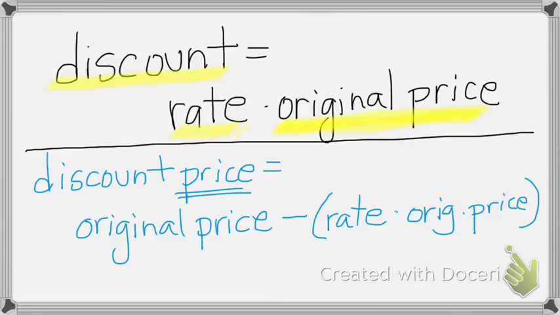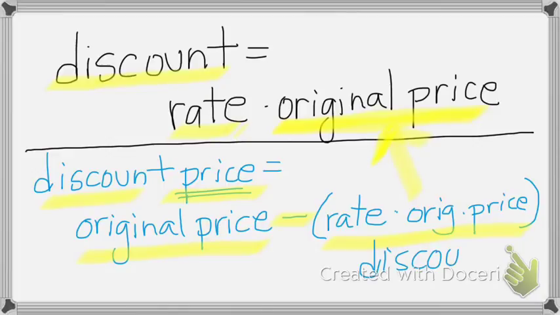Now the discount price is the original price minus, subtract, the discount. The discount is always going to be a subtraction. The discount is the rate times the original price, and that's this right here. So it's the original price minus the discount right here.